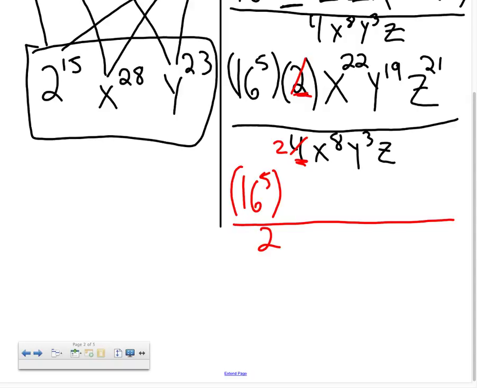So 22 minus 8 would give me x to the 14th. Y to the 19th, y to the 3rd. Subtract those exponents. You get 19 minus 3, which would give you 16. And z to the 21st over z to the 1st would just give me z to the 20th.